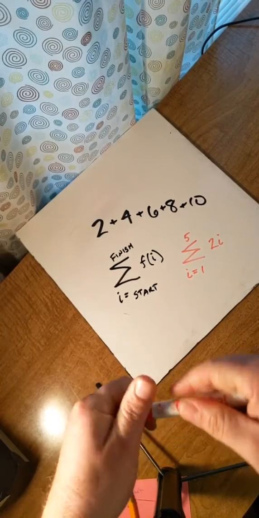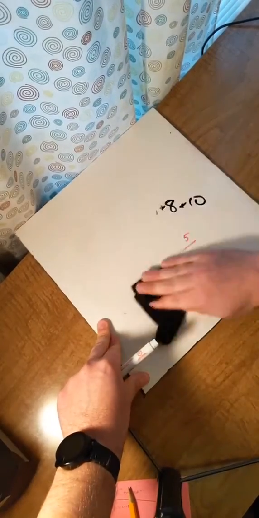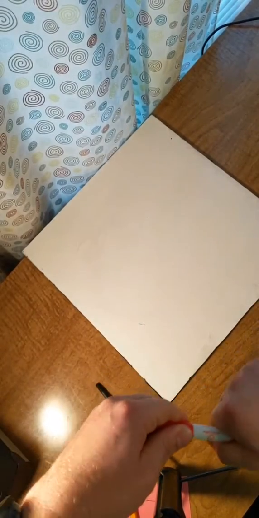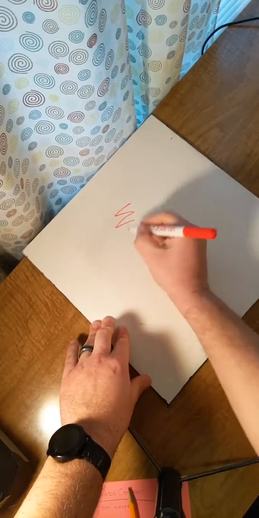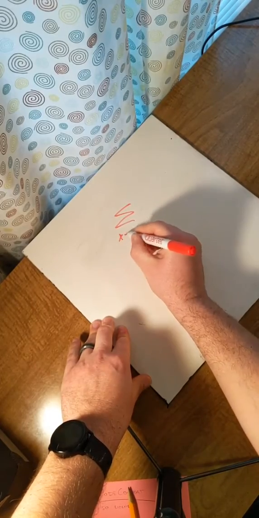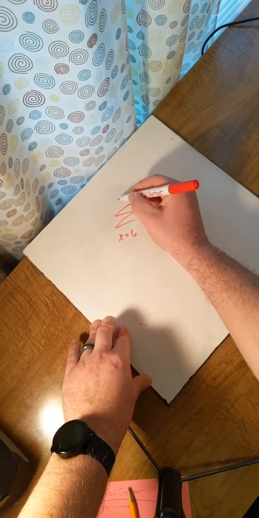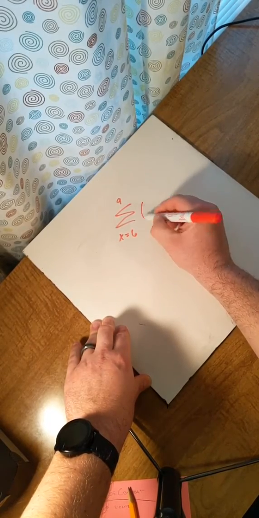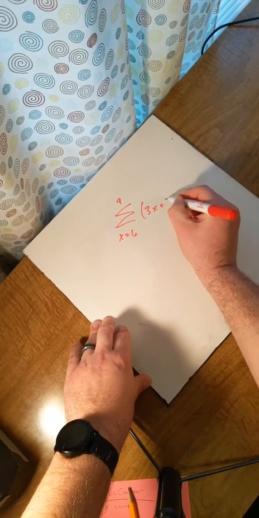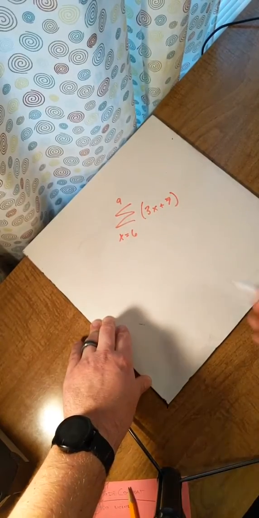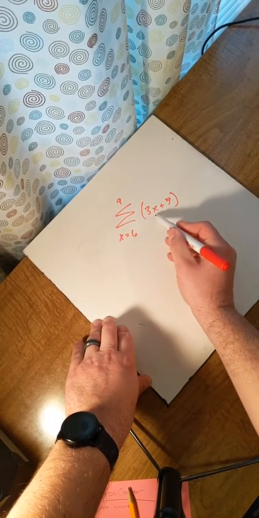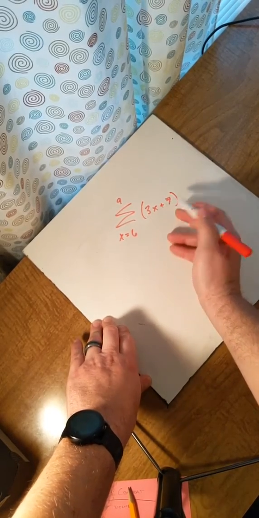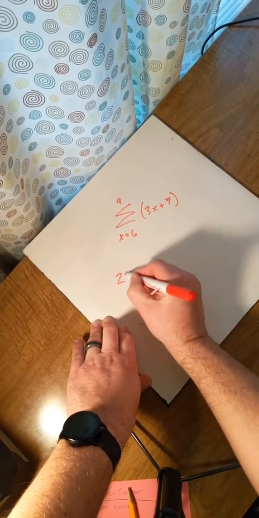So, how do we expand summations? It's actually kind of easy. To expand a summation, if I give you the summation of x equals 6 to 9 of 3x plus 7, what we're going to do is plug in 6 into this function. So 6 times 3 is 18 plus 7, that'd be 25.